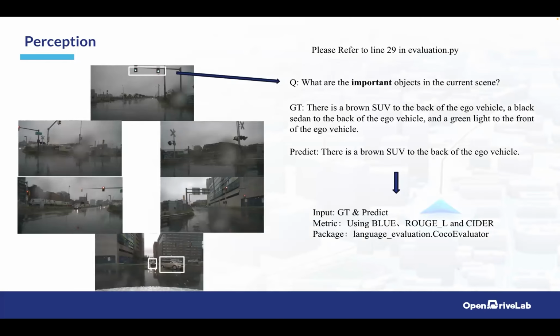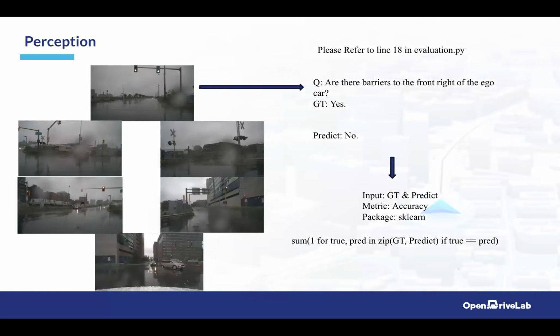If it doesn't cover all the objects, we will use ROUGE or CIDEr. These are very common language evaluation tools in NLP. Basically, you can see it as a form of the IoU metric in the language domain. If you cover as much as possible of the objects described in the GT, you will get a higher score. So this is the rough idea of how we handle the uncertainty in the perception task.